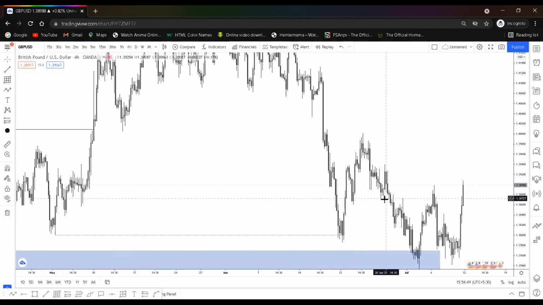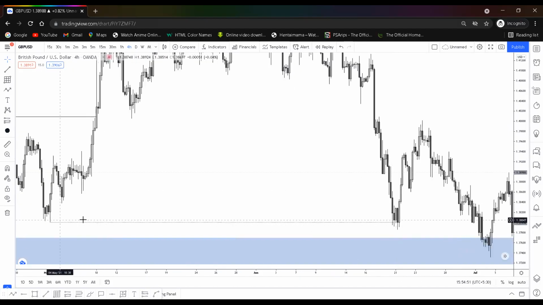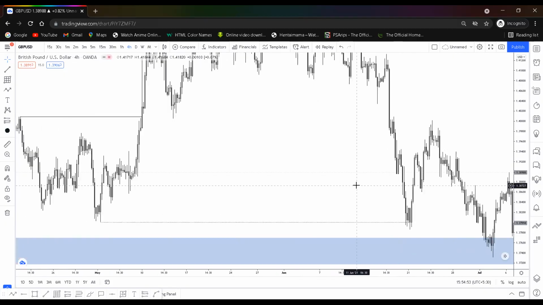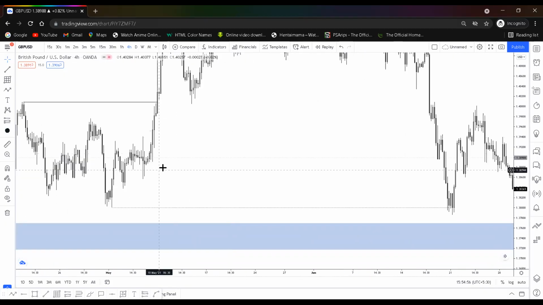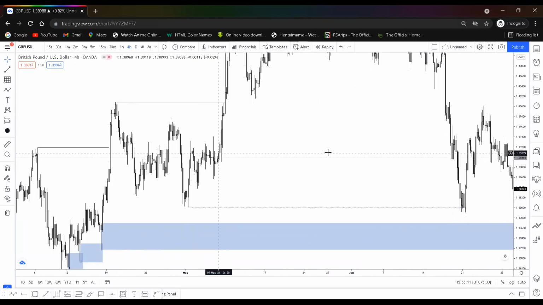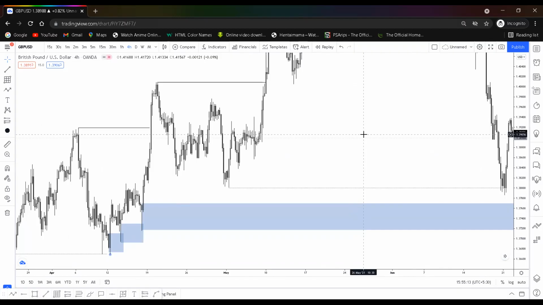So why is this pullback coming? Because now there are breakout traders who, like I told you, place their stop losses below this. If price continues to the downside, the people who placed their sell stops here would be in profit. The market makers, the ones who control the market, do not want us to profit.